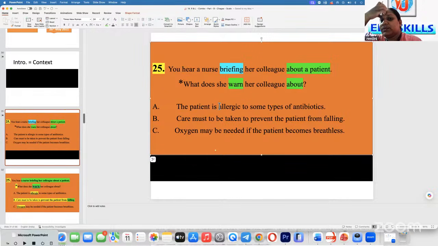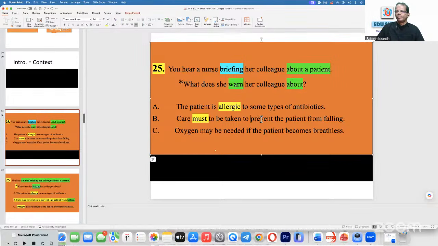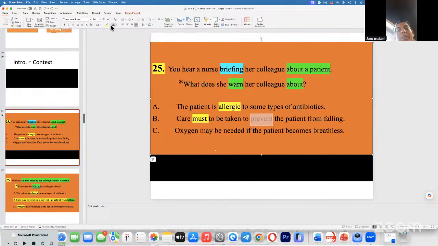Allergic to, allergies. Okay. Option B, care must be taken to prevent the patient from falling. Care must be taken to prevent falling. Prevent from falling.